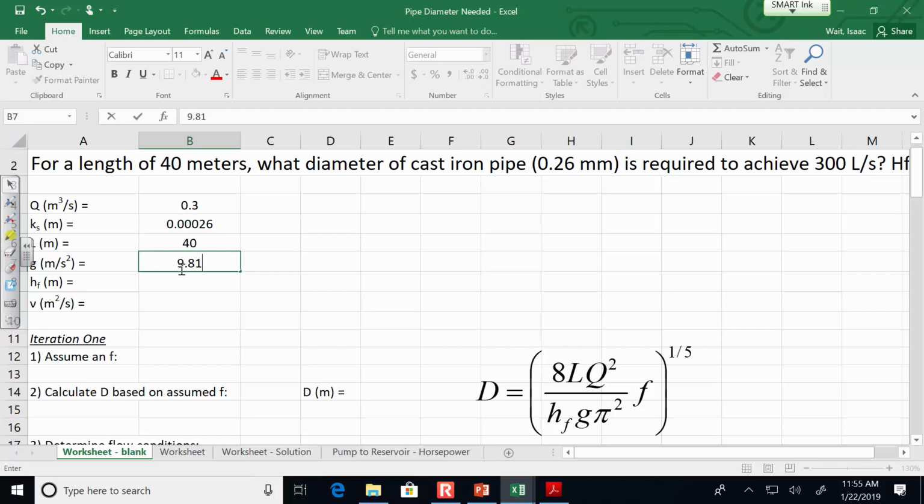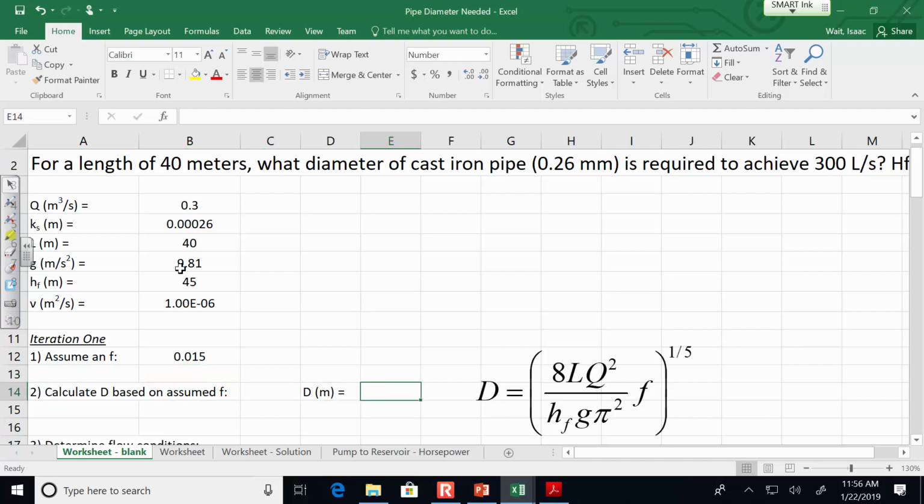G is 9.81. The H sub F is 45 meters of head loss. And then the kinematic viscosity of water is 1 times 10 to the minus 6th. All right, so assume an F. We've already been through this process once, but let's double check by starting with our very first guess. It was 0.015. We just pull some number that's in the acceptable range out of the air.